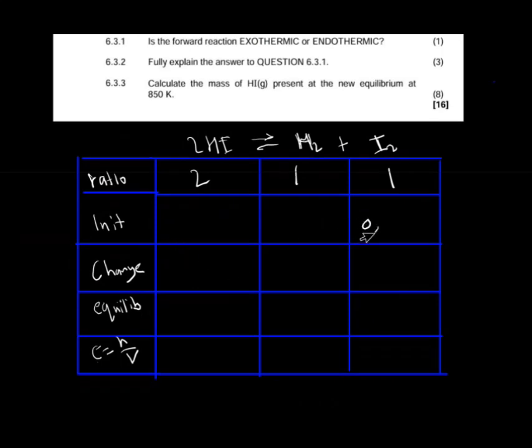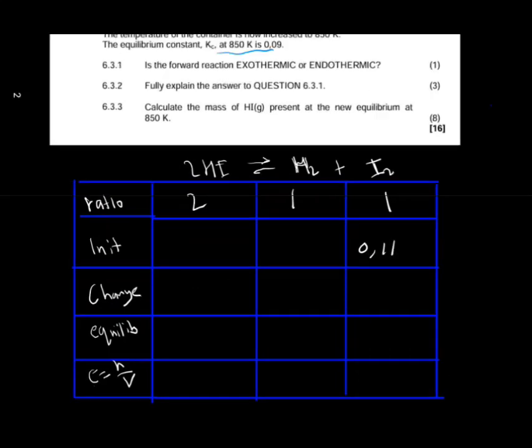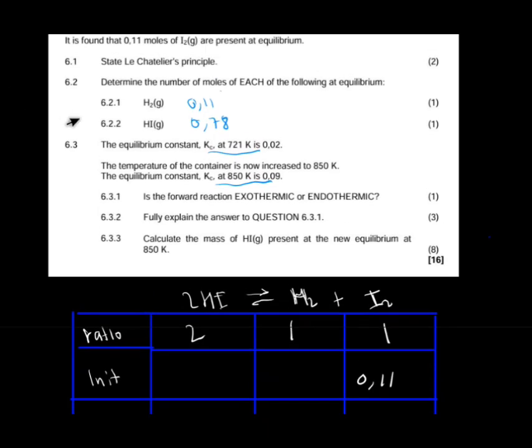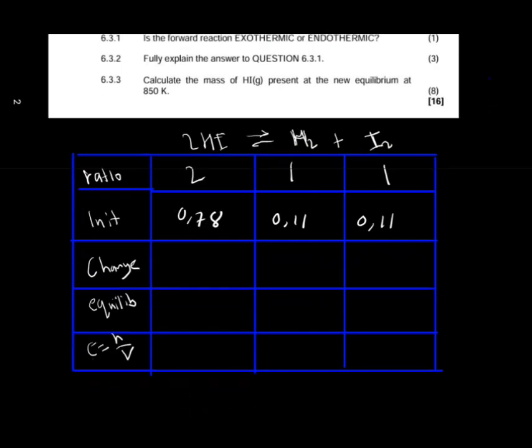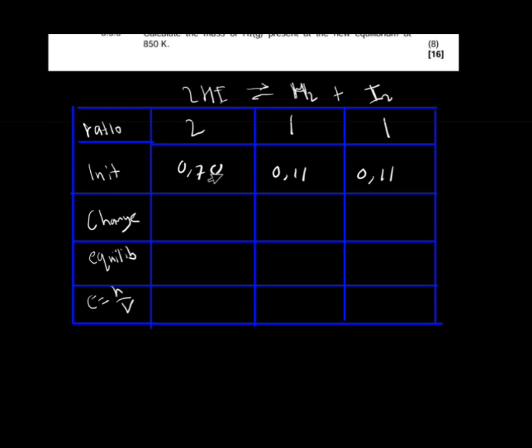Now remember our answers that we found. They said determine the number of moles of each of the following at equilibrium. So this is our previous equilibrium situation. H2 was 0.11 and HI was 0.78. So these are the moles at equilibrium, which we now take as our initial.